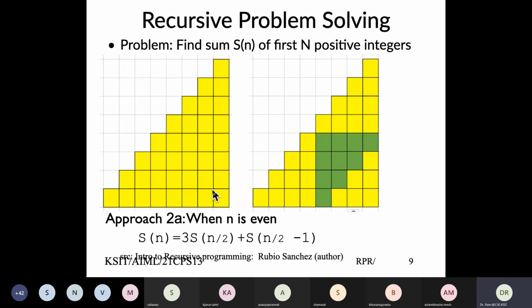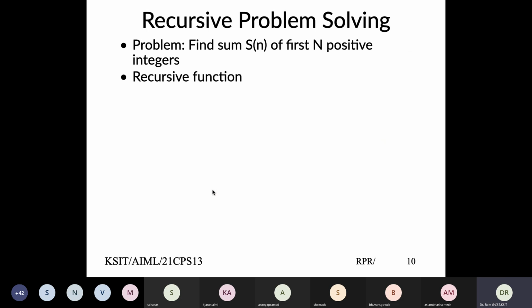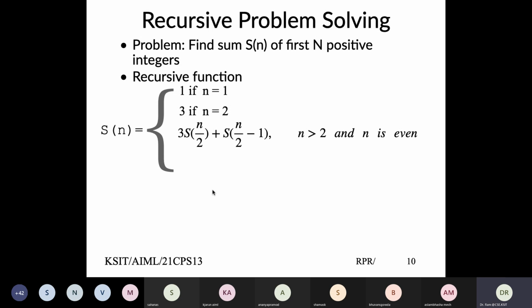So now I can write my simple relation as Sn is equal to 1 when n is equal to 1. Sn is equal to 3 when n is equal to 2. Sn is equal to 3 times S of n by 2 plus S of n by 2 minus 1 when n is even.